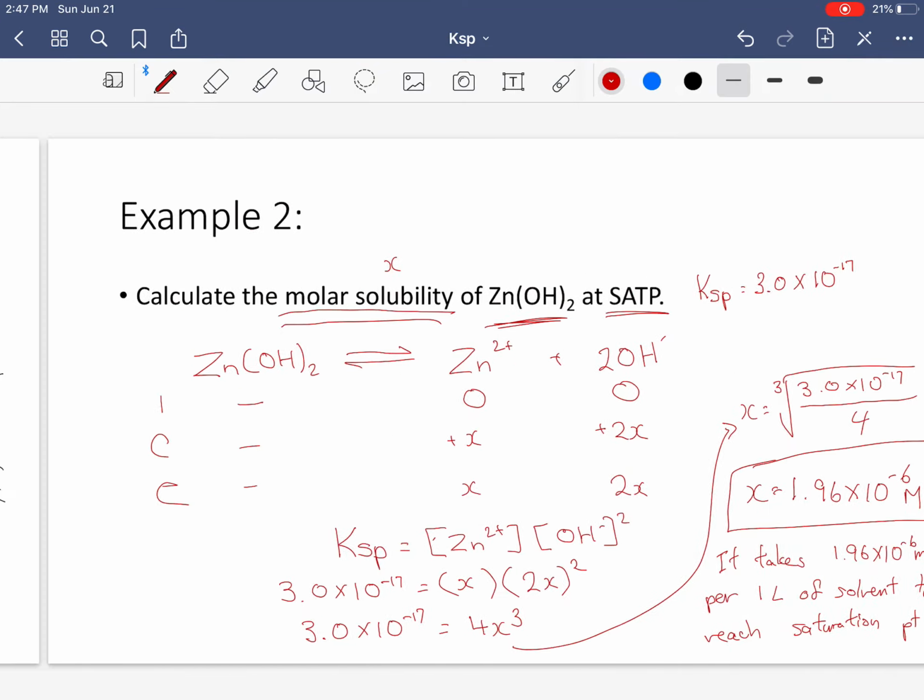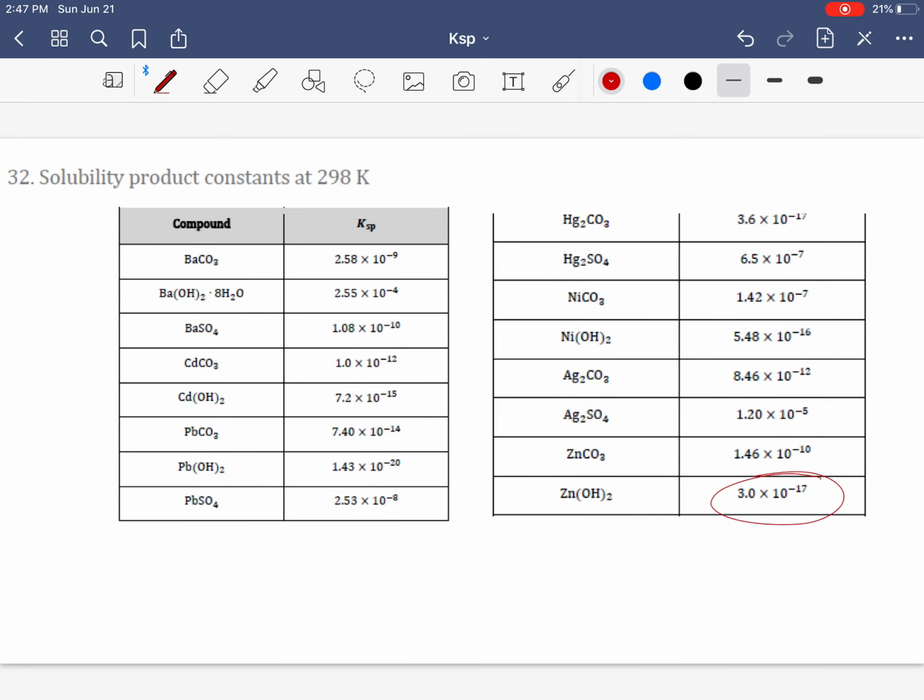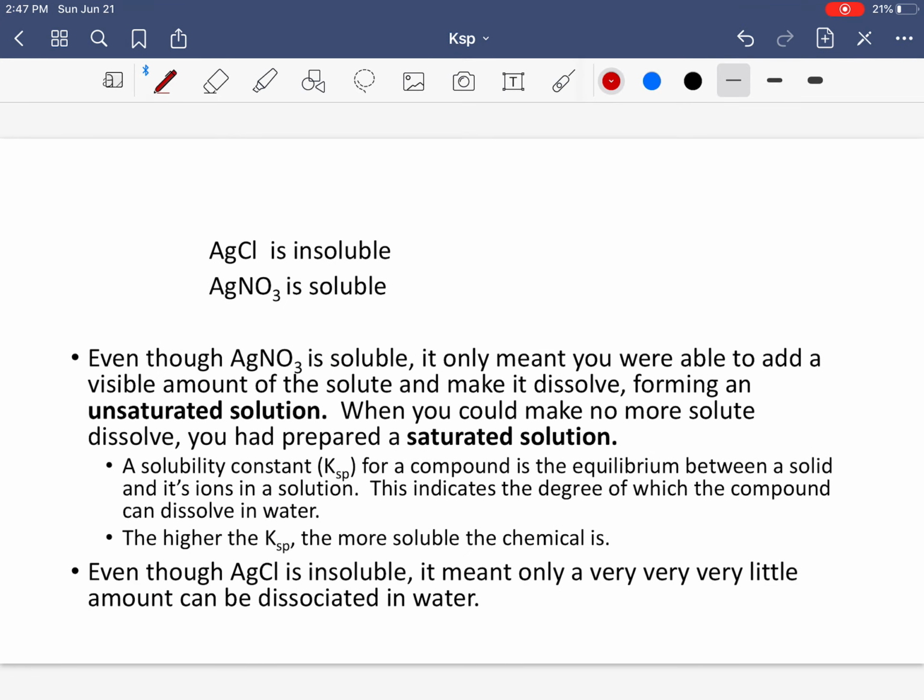Now, if you remember what we said earlier about Ksp, things are soluble up to a certain point. Also, things are insoluble also to a point. Meaning that if you're given very, very low concentration of this, but lots of solvent, you may be able to dissolve a little bit of AgCl.